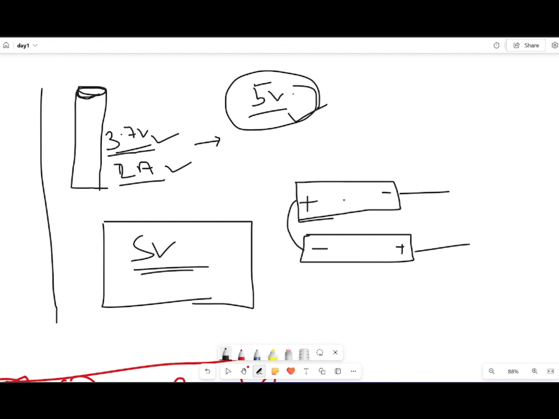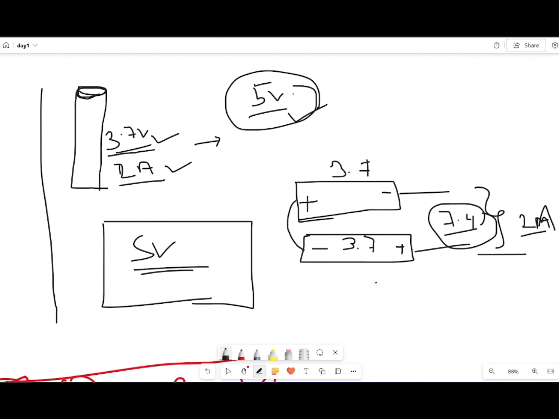So we get 3.7 volts here, and this one also 3.7 volts. When we add these, it becomes almost 7.4 volts, so we can say almost 7.5 volts. We will get an output of almost 7.5 volts, and the current will be 2 ampere only, because we connected them in series.